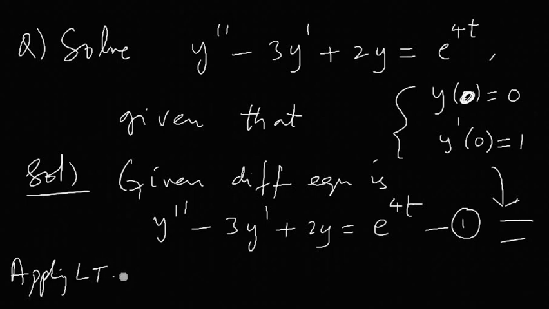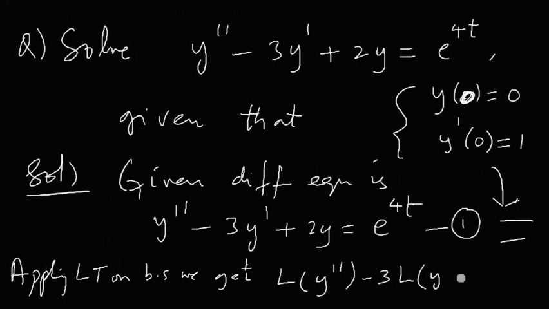Applying Laplace transforms on both sides, we get L of y double dash minus 3 times, taking the constants outside, L of y dash plus 2 times L of y is equal to L of e to the power of 4t. Now let us write in the next slide.